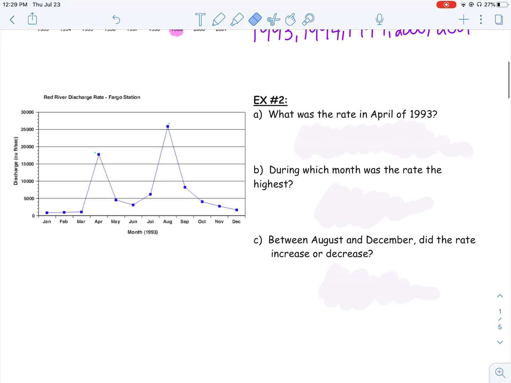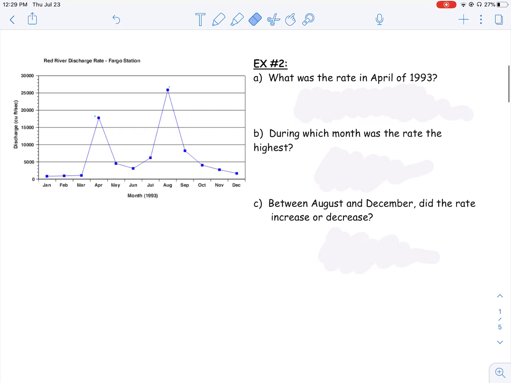Let's do an example of a line graph. It looks like this line graph on the horizontal axis is talking about the months in 1993, so January to December of the year 1993. It looks like along the vertical axis, this is the Red River discharge rate. So I'm assuming the amount of water that's going out of the river, right? In cubic feet per second.